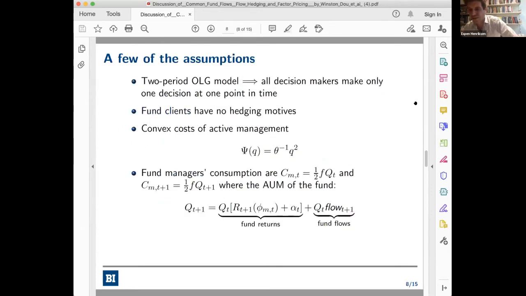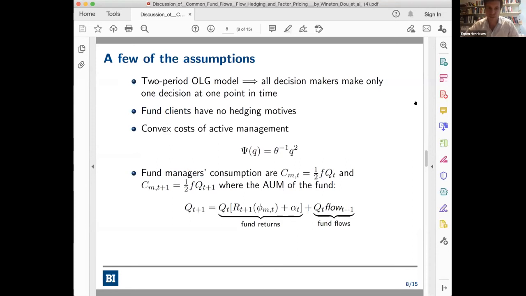So here are a few really crucial assumptions. I think these are the most crucial assumptions. The first crucial assumption in their model is that you have a two-period OLG model. When you talk about an OLG model, you get the idea that this is going on forever with these generations.